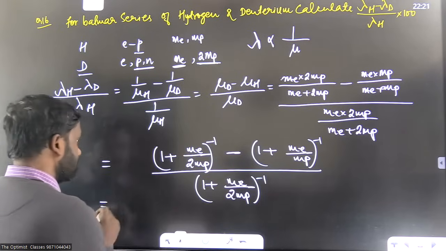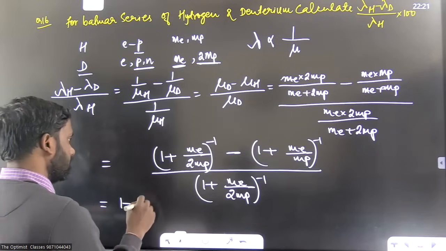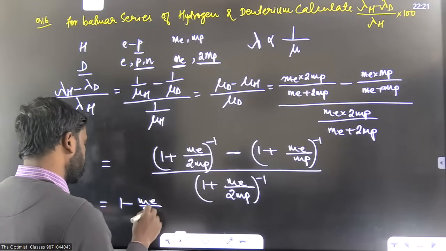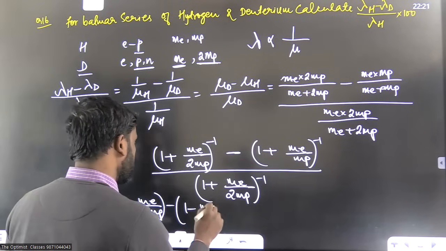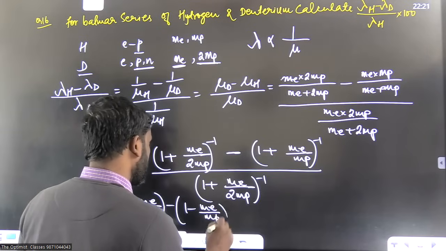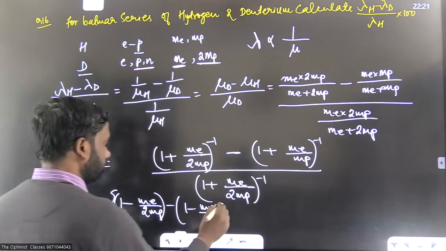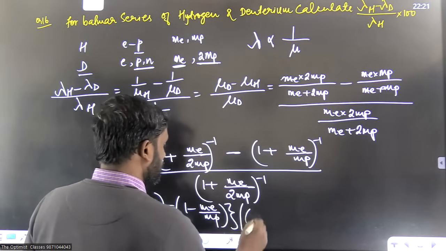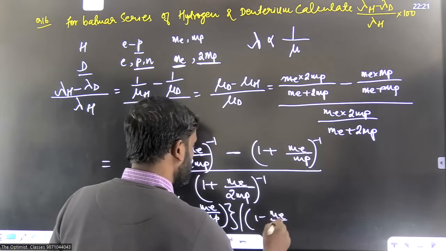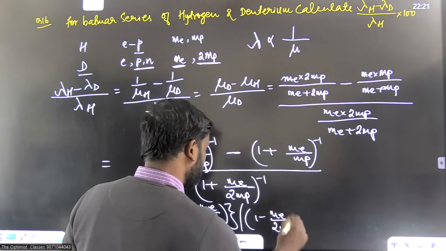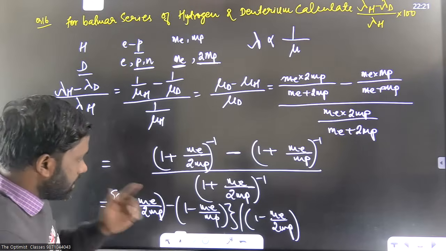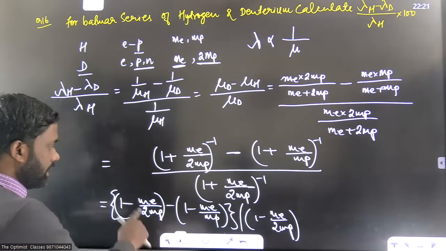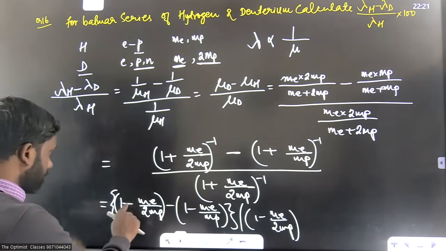Now do its binomial expansion, so you will get here 1 minus me by 2 mp, okay, minus 1 minus me by mp, and this whole term is divided by 1 minus me by 2 mp. Okay, so here 1 and 1 will cancel out, and this is minus minus plus me by mp, and here you get minus me by 2 mp.